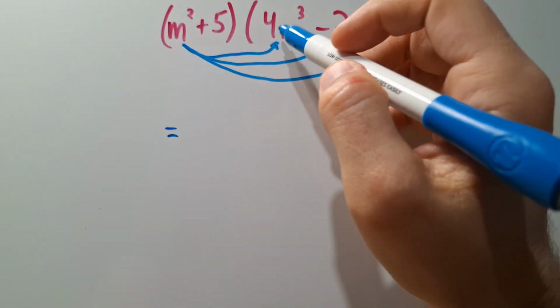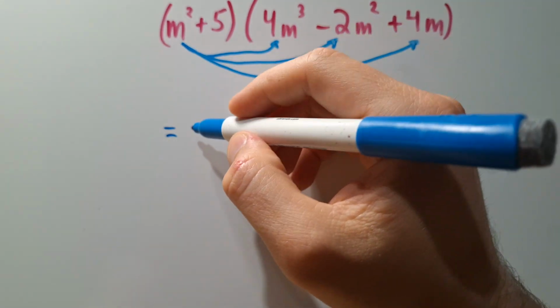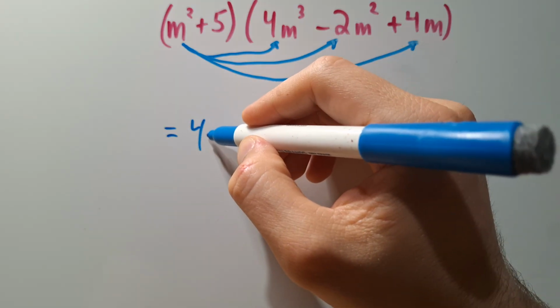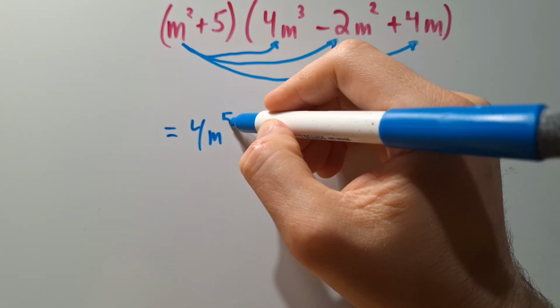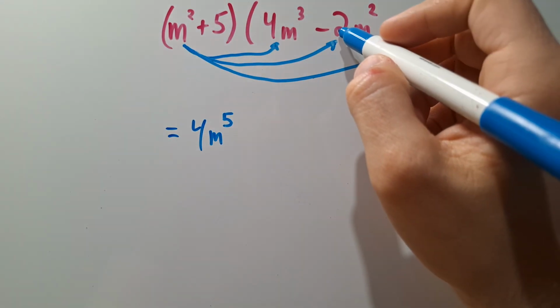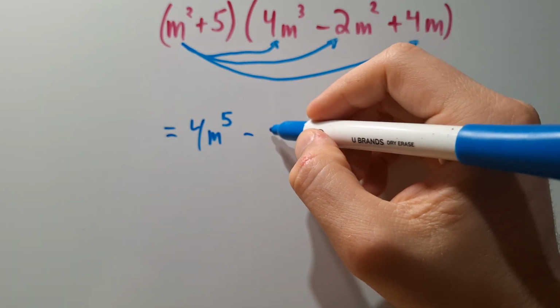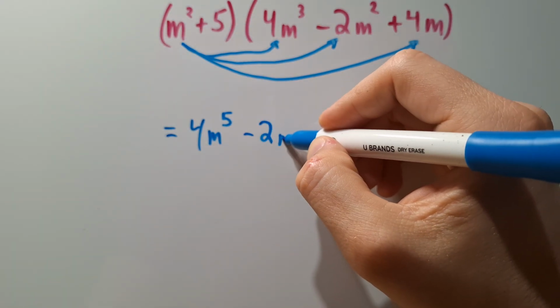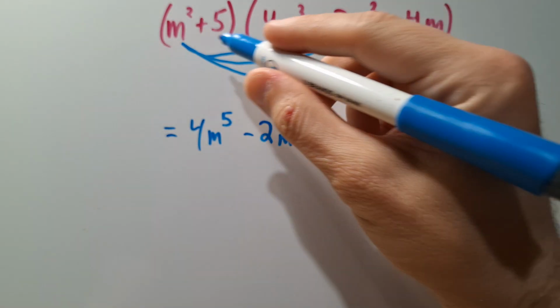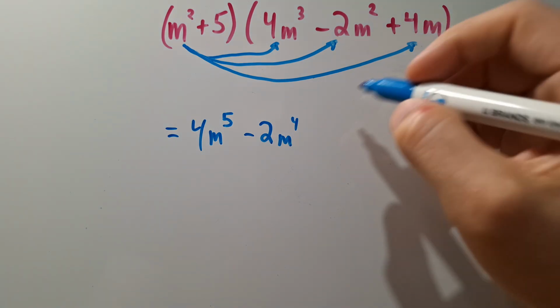So m squared times 4m cubed, m squared times negative 2m squared, m squared times 4m.